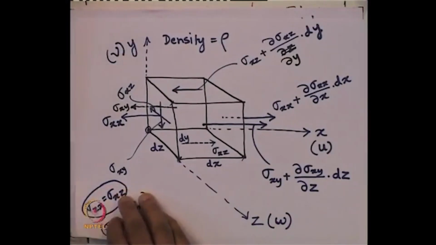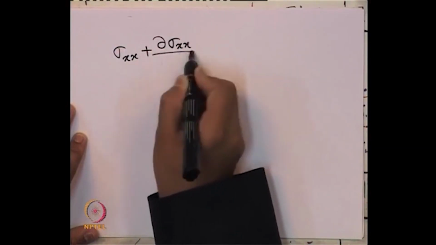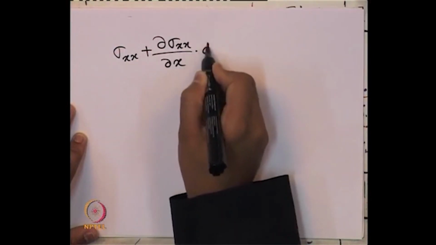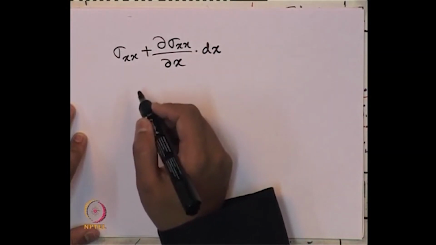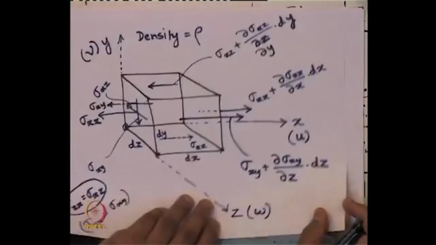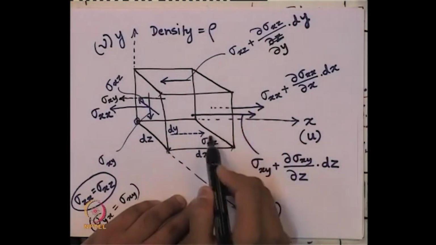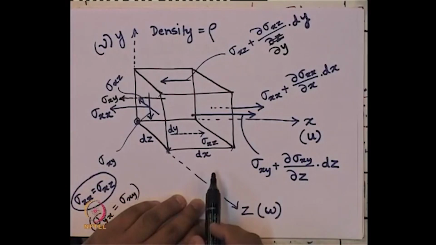Let us write it down further. We can write down that sigma xx plus del sigma xx over del x times dx. This is working on which plane? This stress is acting on the plane with cross sectional area of how much?